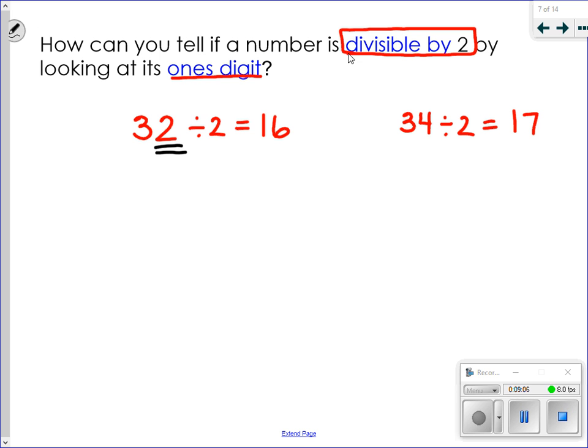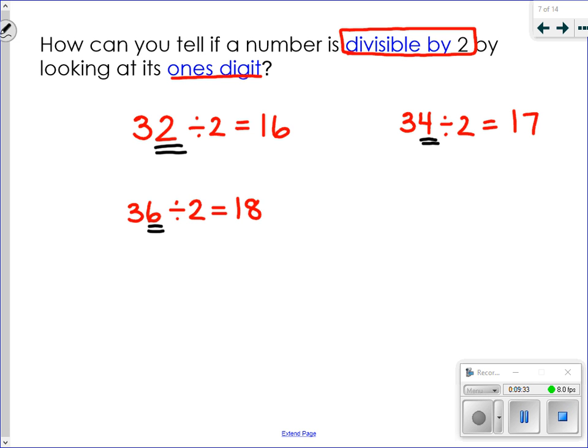Look at its ones digit. Okay, well, let's try another one. 36. Is it divisible by 2? Can we divide 36 in half? Yes, we can. We get 18. So 36 is divisible by 2. Look at its ones digit.